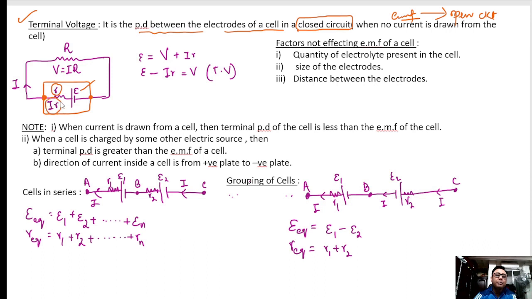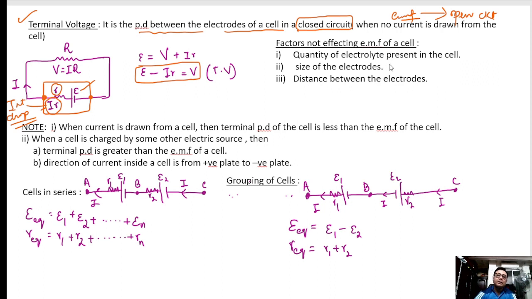This drop is called the internal drop. Mind it, internal drop. So how much potential is left for the external resistance? This much: E minus Ir. E minus Ir is the potential left for the external resistance.